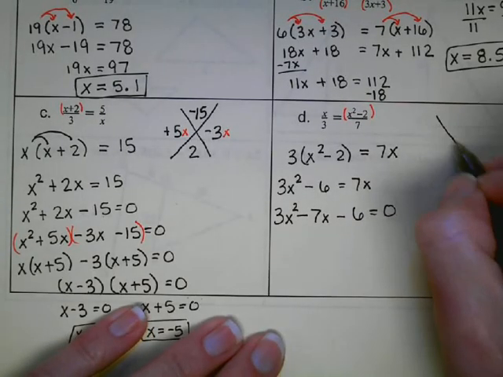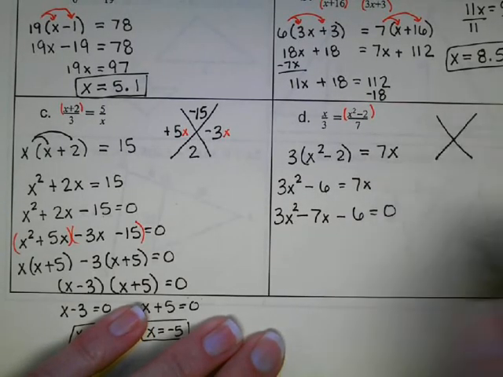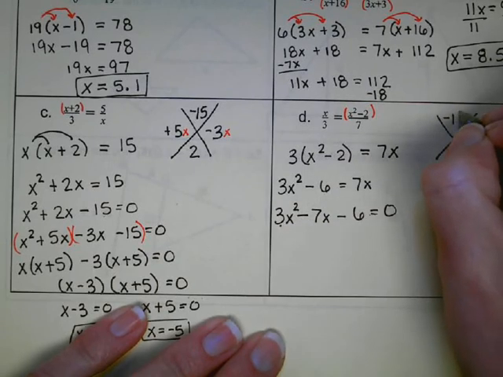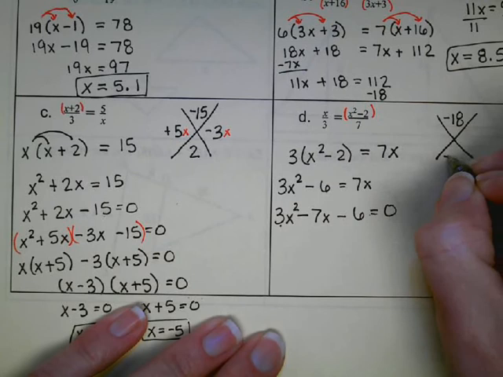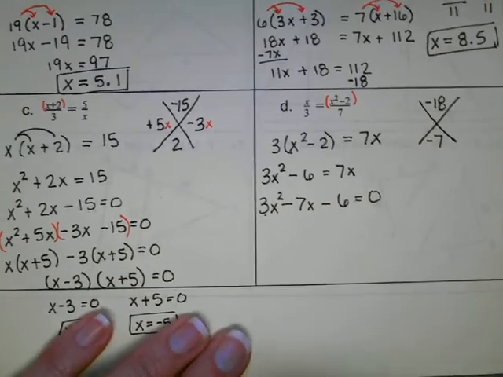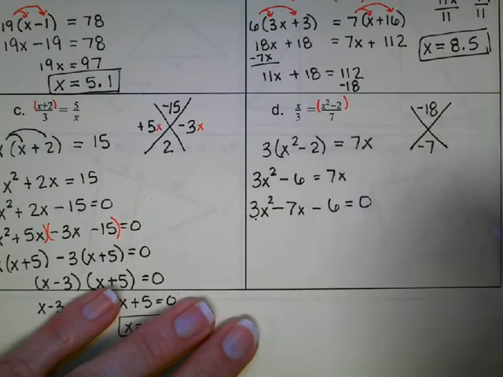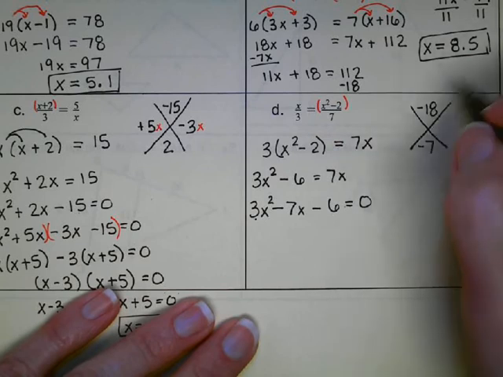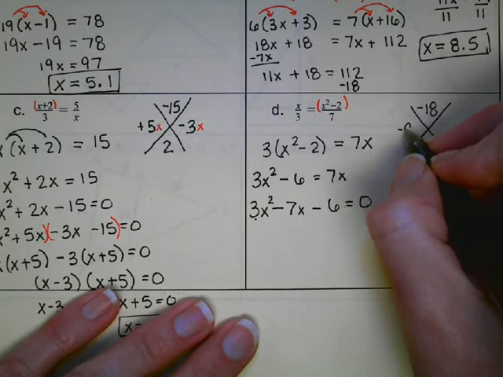So the top, remember, is your a times your c, so that would be negative 18 on top and negative 7 on bottom. Let's see, 9 times 2 gives me 18, so let's make it a negative 9 and positive 2 to come out to negative 7.